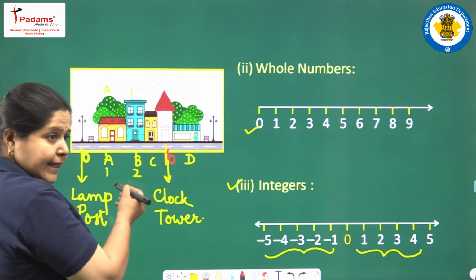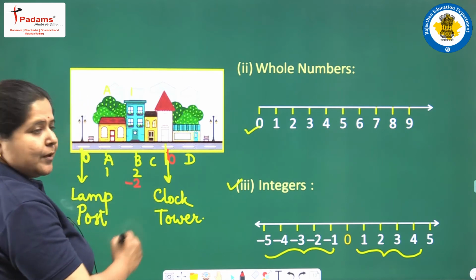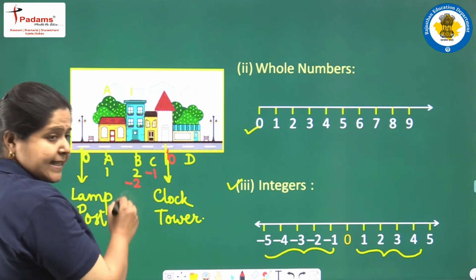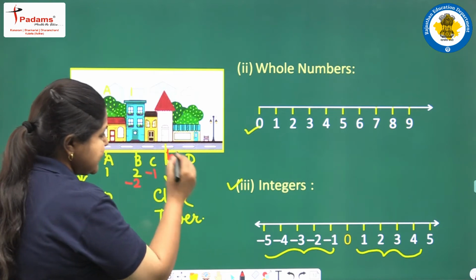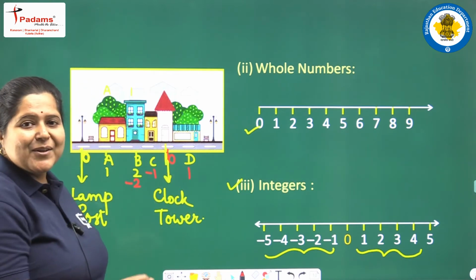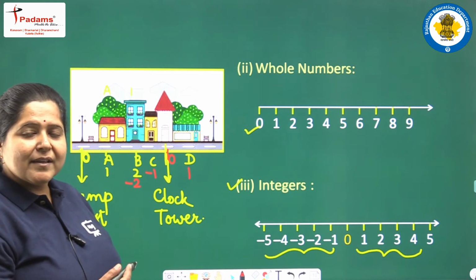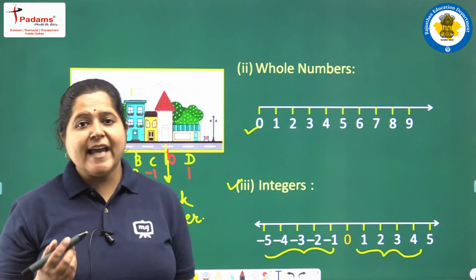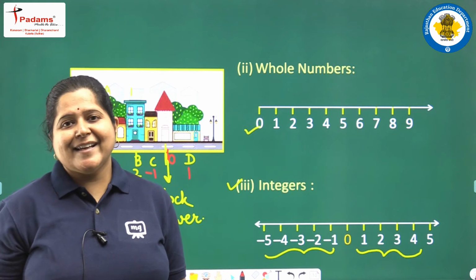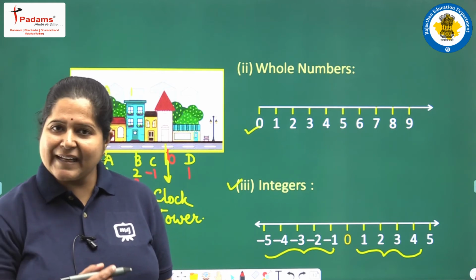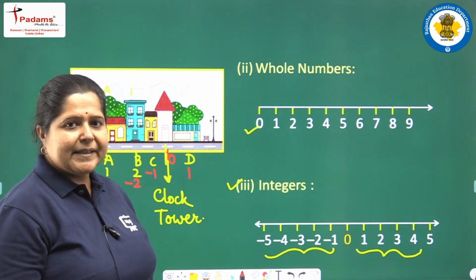It is to the left of the origin, so now its location will be -2, -1, and this is -2, and the location of D will be now +1. So actually we are using a number line in this way to tell the location of a house. Similarly, when you all stand according to your roll numbers in a line in your school, it is again an example of a number line. So in this way you can understand number line better.